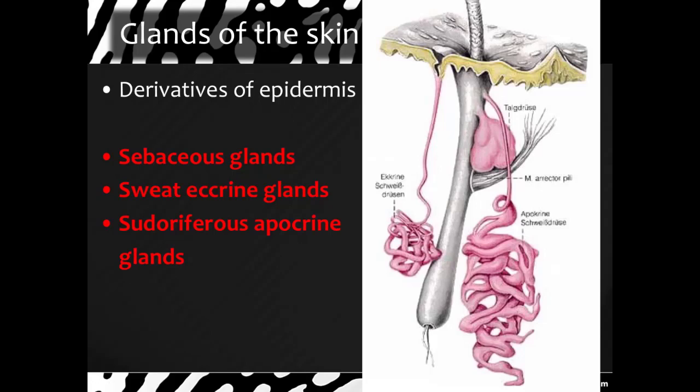The first are the sebaceous glands, then the sweat eccrine glands, and sudoriferous, sometimes called apocrine glands. The term apocrine is kind of a misnomer, because we know today that the secretion is not apocrine, but it seems to be eccrine too. But we call these glands sudoriferous.